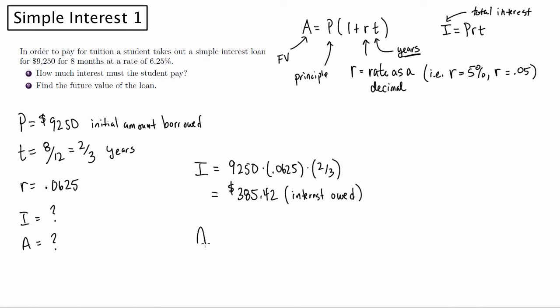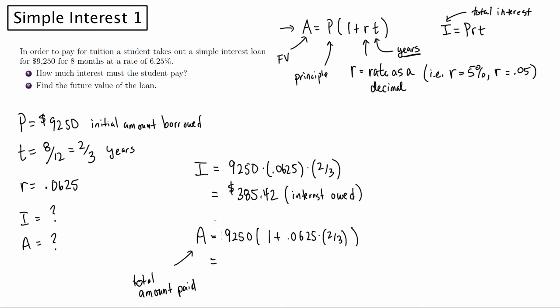So the future value of the loan would be the total amount paid, in this case over the course of 8 months, the total amount that we would end up paying back. So I'm using the future value formula here, is the principal times 1 plus the rate times the time.